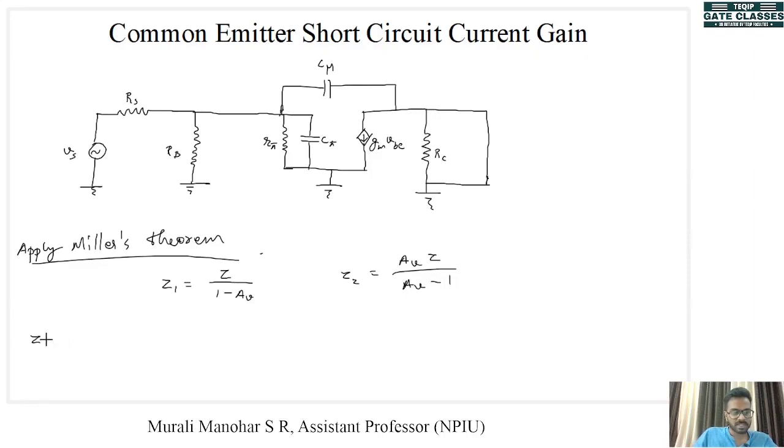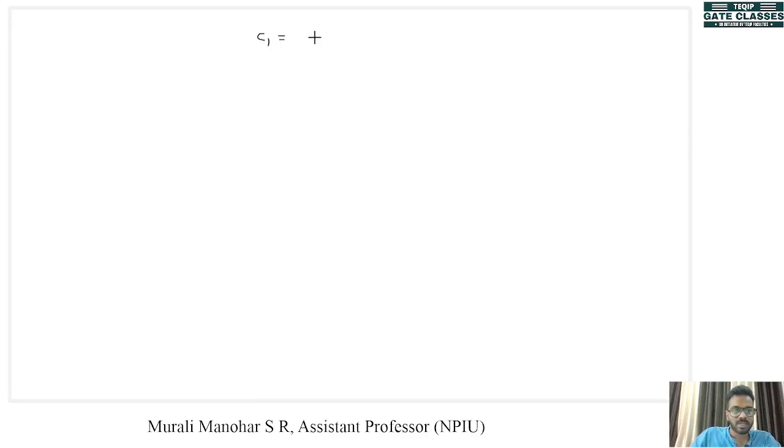If Z is a capacitive reactance, then Z is given by 1 by j omega C. Then Z1 will be given by 1 by j omega C1, and Z2 will be given by 1 by j omega C2. If you apply this in this equation, that is Z1 equal to Z by 1 minus AV, we will get C1 is equal to 1 minus AV into C, and C2 is equal to AV minus 1 into C divided by AV.